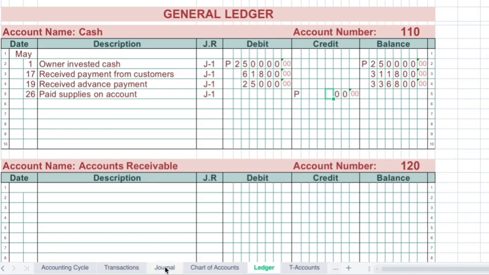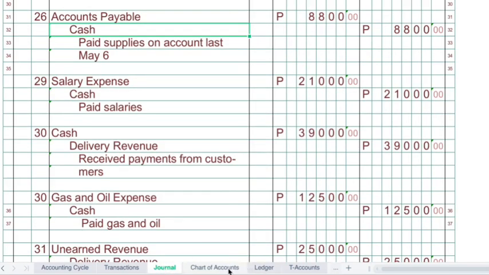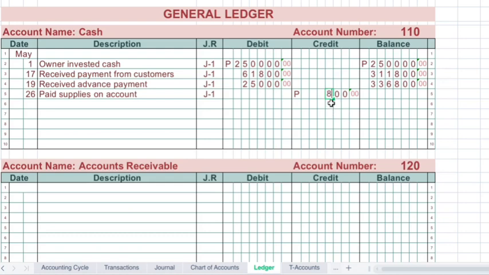So how much is that? 8,800. Alright. So, magkano na yung balance natin? So, credit side natin is negative. Okay? Because cash decreases on the credit side. So, ibabawas natin to sa balance natin. So, 336,800 minus 8,800. So, ang balance na lang natin ay 328,000.